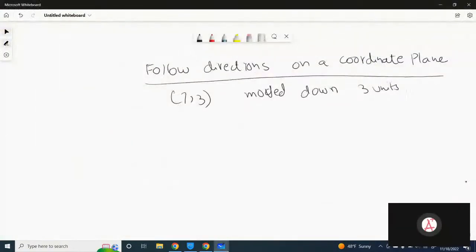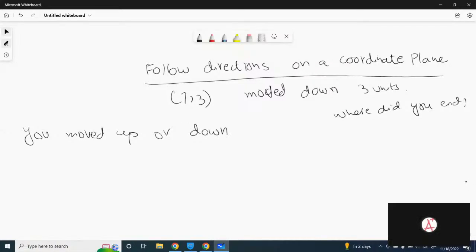Okay, the very important point you have to keep in your mind is, wait, let me write it down on the board. Whenever you move up or down, the y value is changed. In the case of up, you add to the y value.